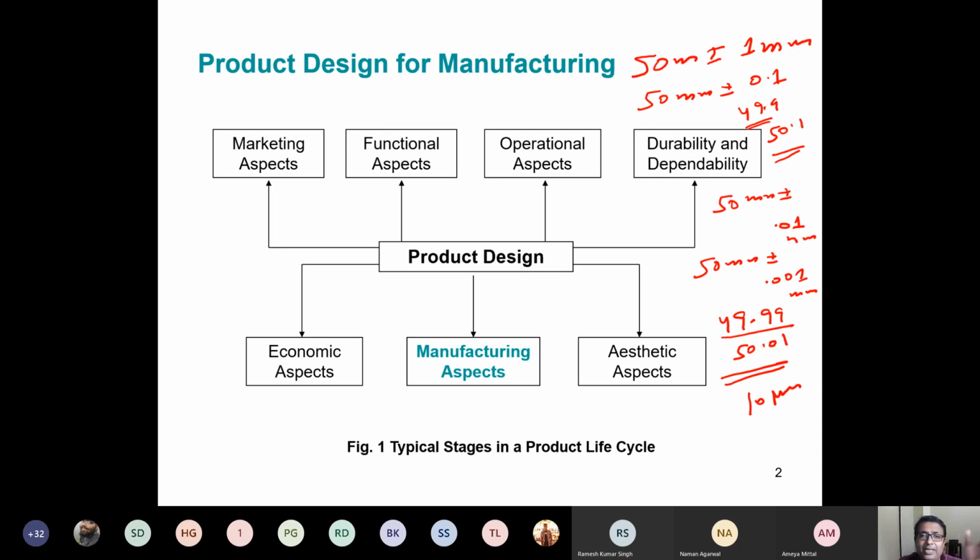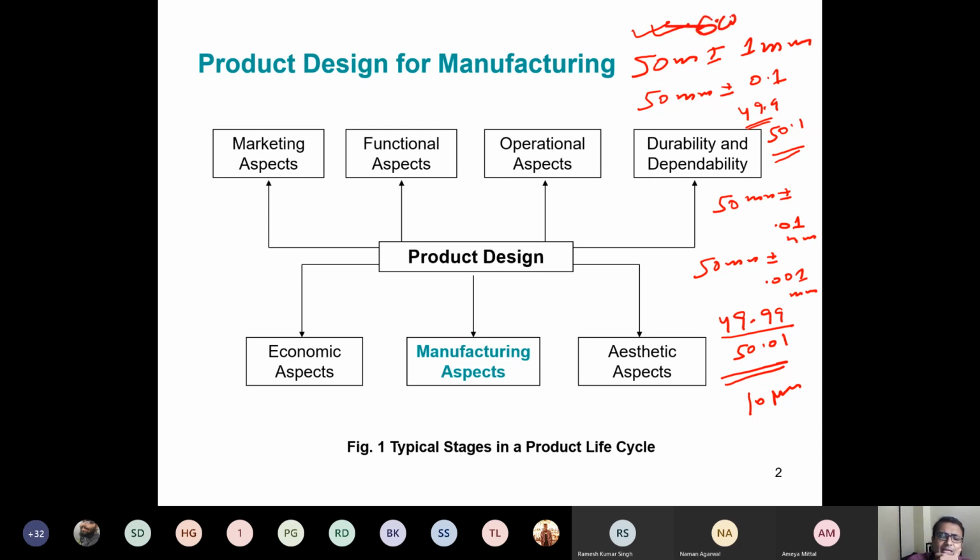Just to give you some idea of the cost, if I'm making a shaft, the cost of steel will be some 80-90 rupees a kg. With a normal manual lathe you can get plus minus 1 mm precision, and you'll probably pay another 500 rupees, so it is 600 rupees.